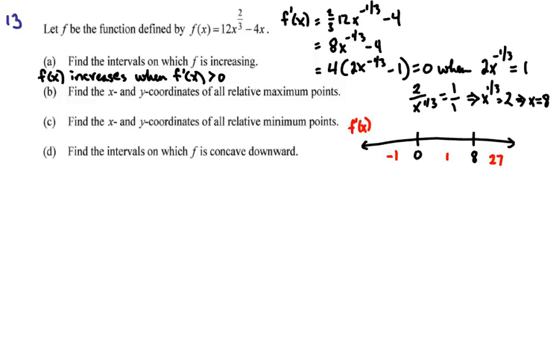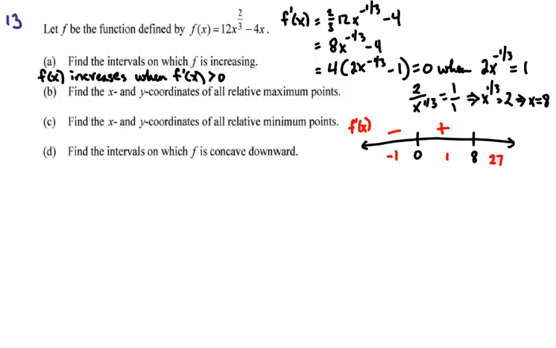Alright, so at x equals negative 1, x to the negative 1/3 is still going to be negative 1. 2 times negative 1 is negative, minus 1 is negative, so the first one will be negative. When x is equal to 1, x to the negative 1/3 is still 1. 2 times 1 is 2, minus 1 is positive.